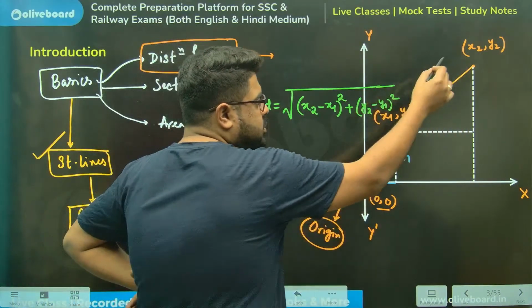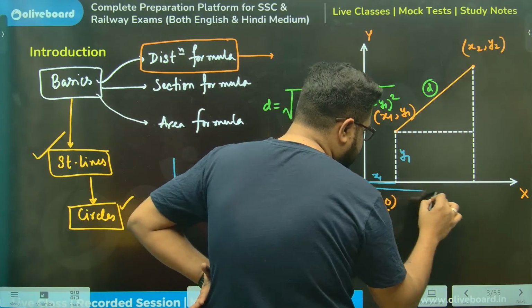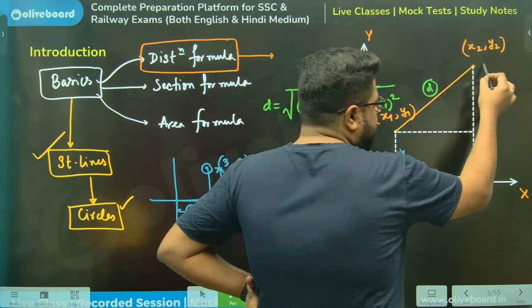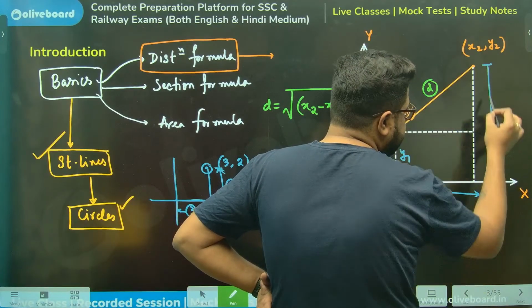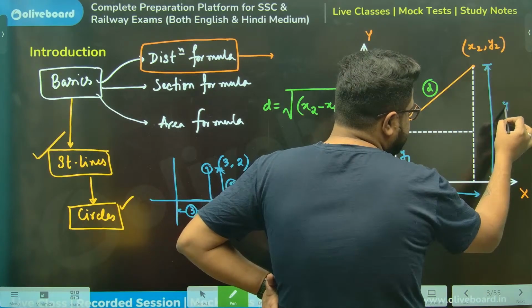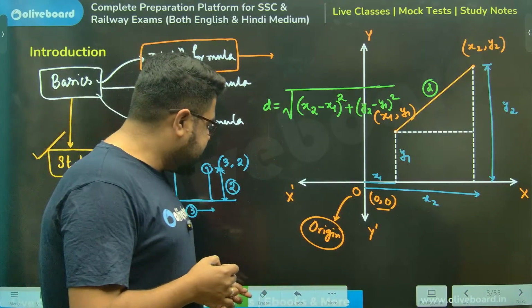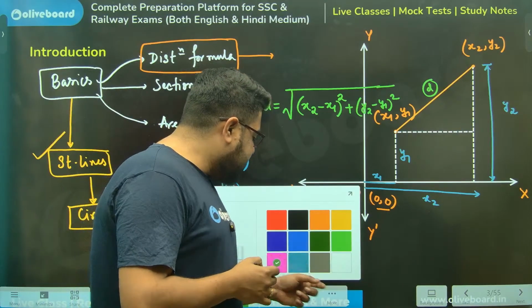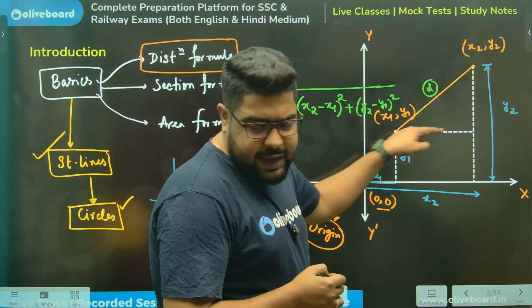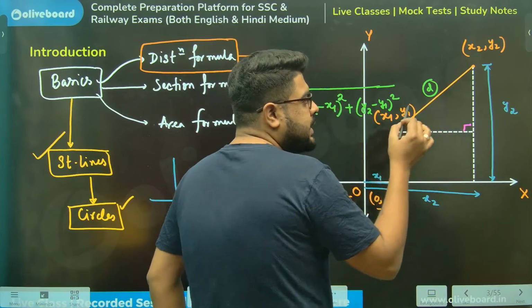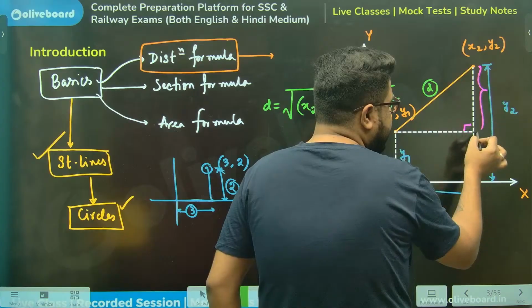Then tell me, what about the second point? x2, y2, meaning you will go the whole distance, this is x2, and you will go up the whole distance, which is y2. Perfect. Now, if I take this right angle triangle, because all are perpendiculars, how much is this height?